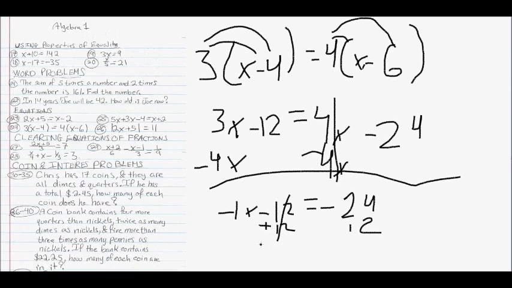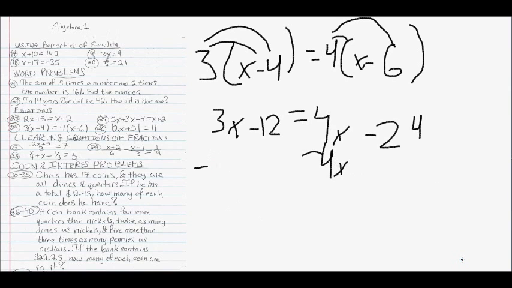I'll add the opposite of negative 12, which is plus 12, on this side and plus 12 on this side. If this crosses out, I'm left with negative 1x equals negative 12. And because they're both negatives, they drop out, so we're left with x equals 12. All right, that's how you would do that.